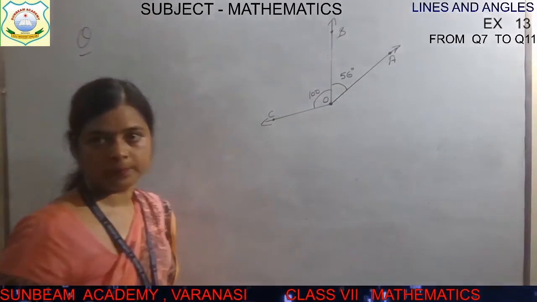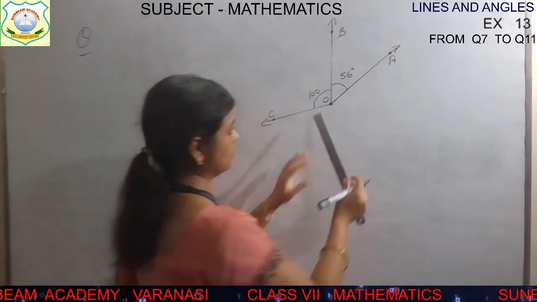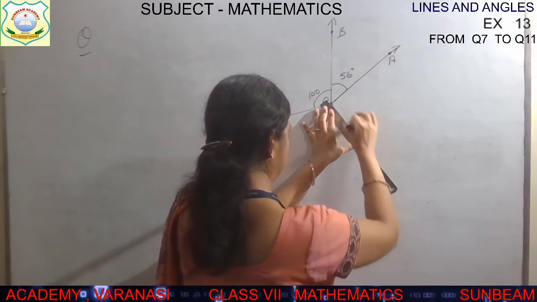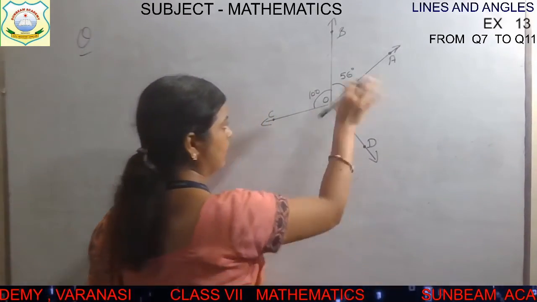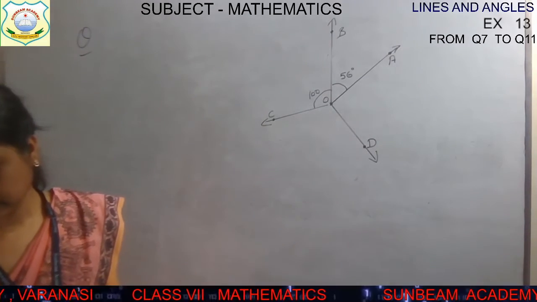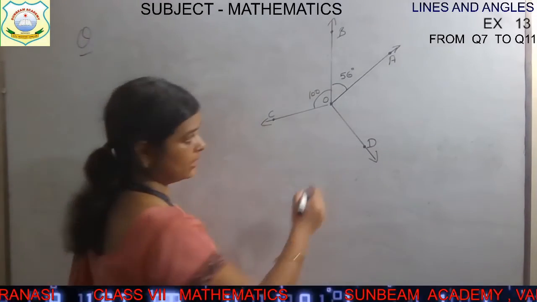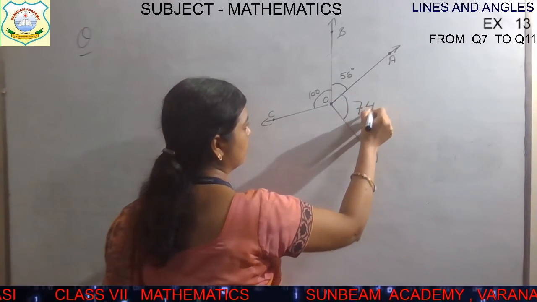This is O. Then OD, this one. This is OD ray. All these lines are rays, children, not lines. Now AOD is 74 degree, children. This one is 74 degree.